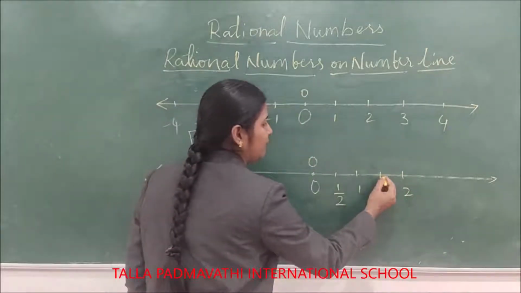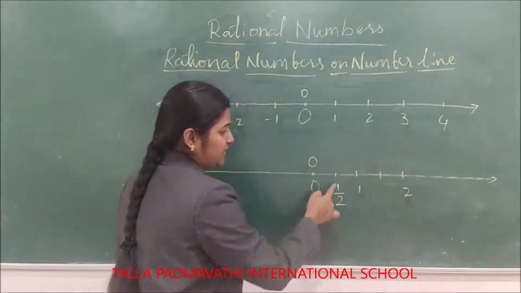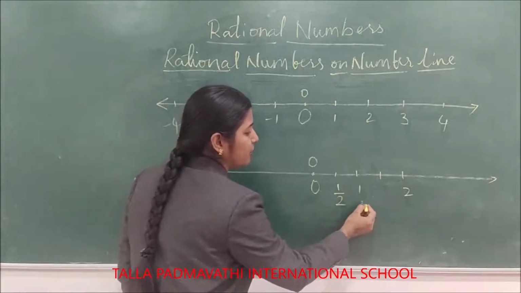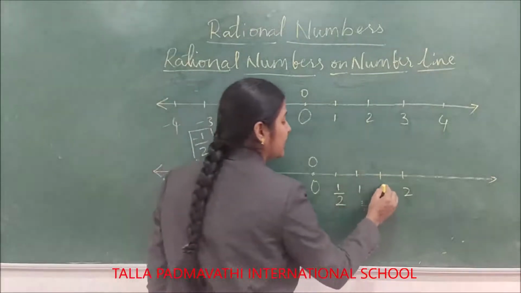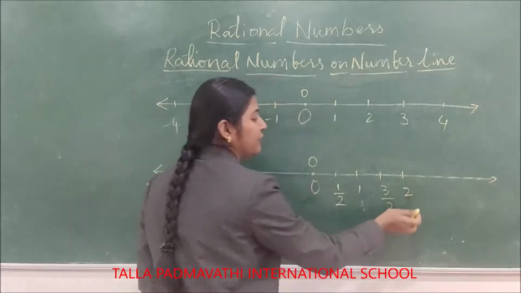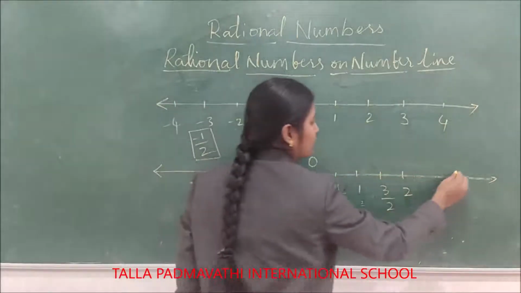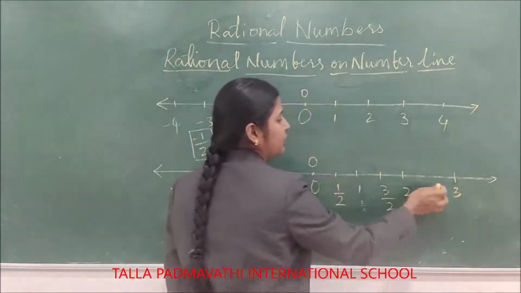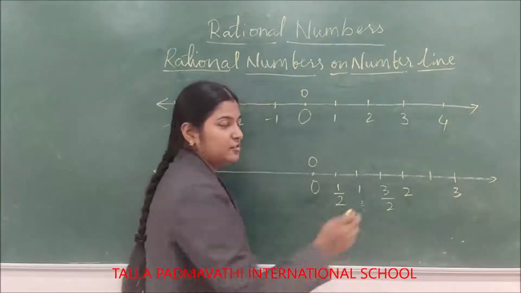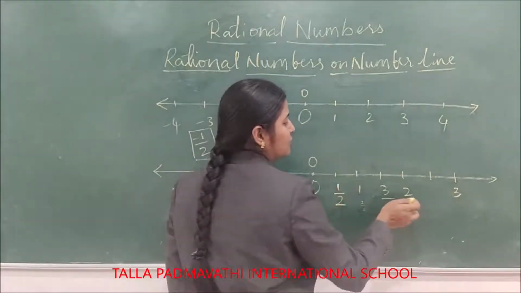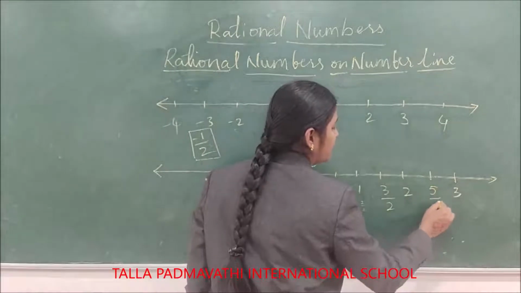So it is 1 by 2, this will be 2 by 2, this will be 3 by 2, this will be 4 by 2 and so on. If you take 3 also, in between them you will be having 2 parts, so this becomes 5 by 2 and so on.